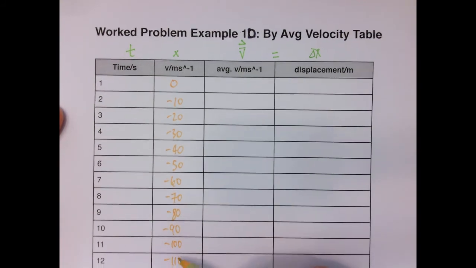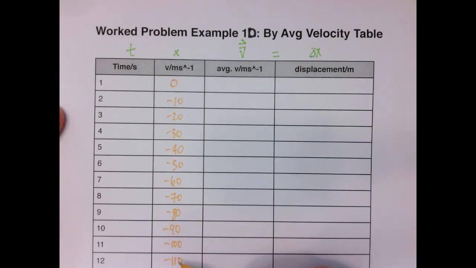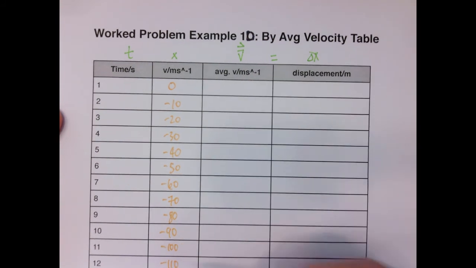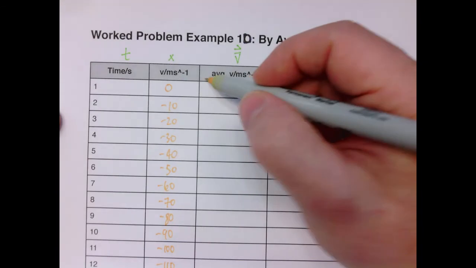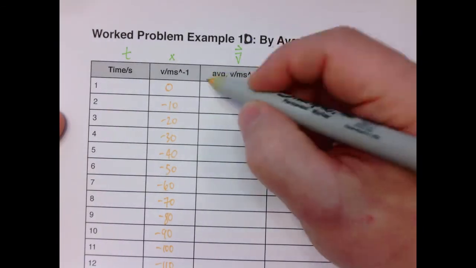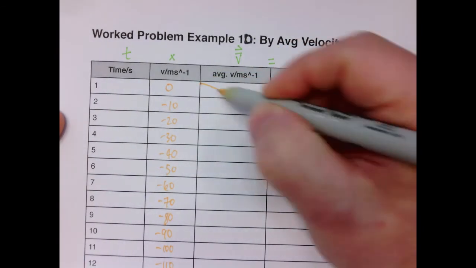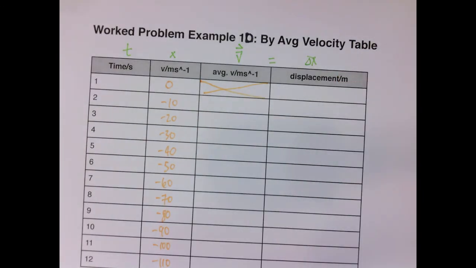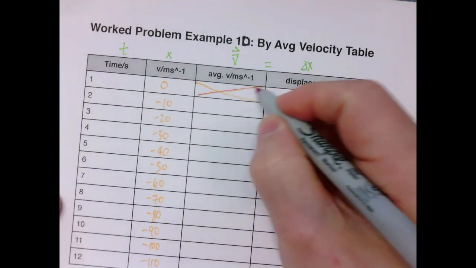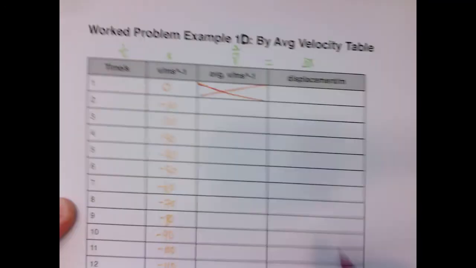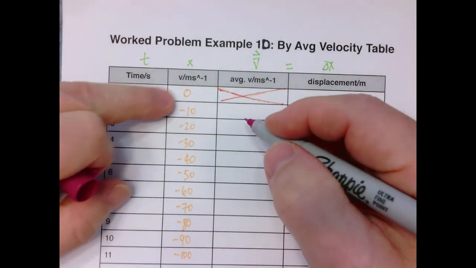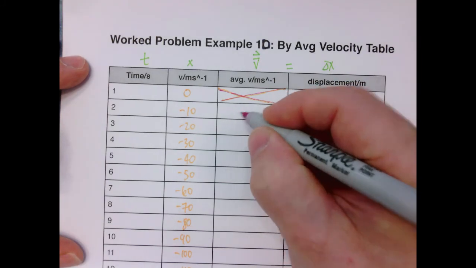Now I knew to stop here because we know the impact velocity is about negative 103. So the question is, what is the average velocity? Well, we don't really have an average velocity at time 0. So that cell is blocked out, like so. But the average velocity during this interval now is 0 to minus 10. The average velocity is minus 5.